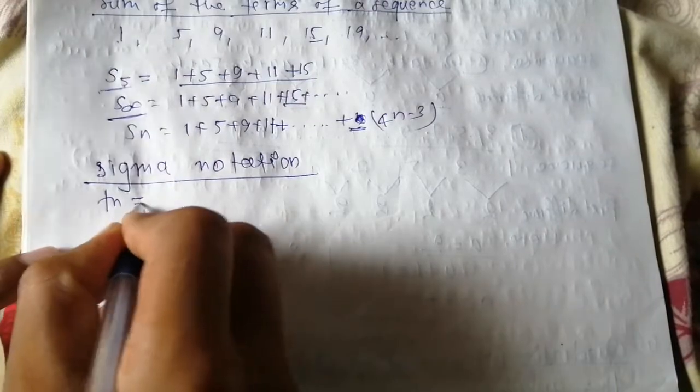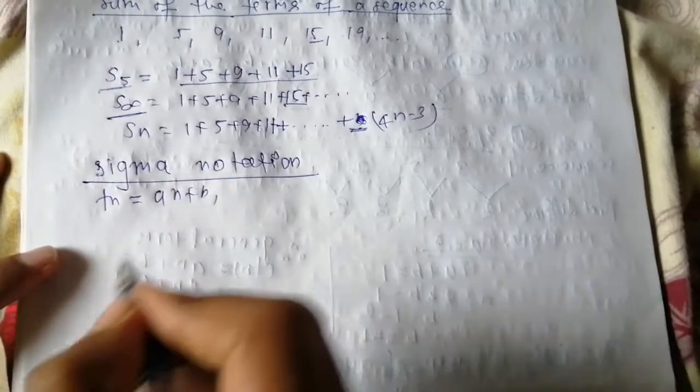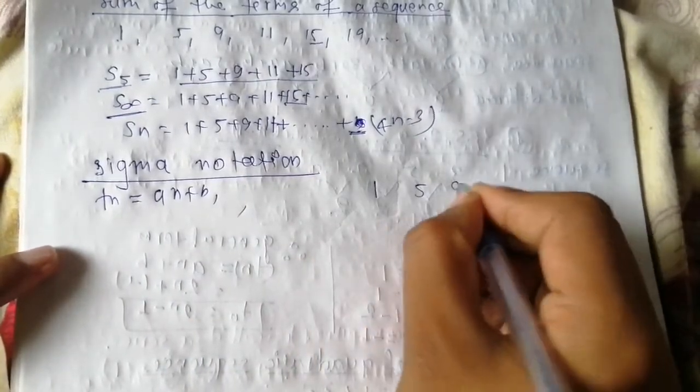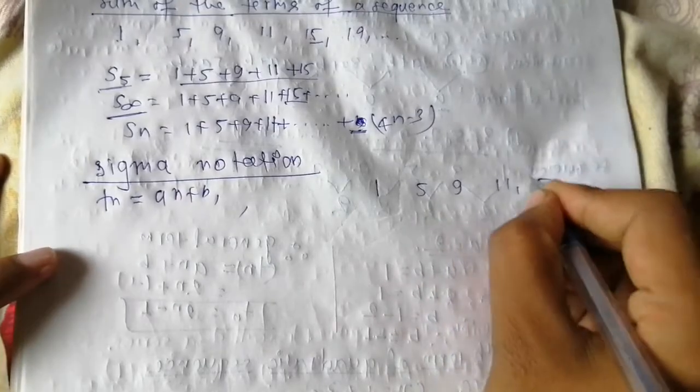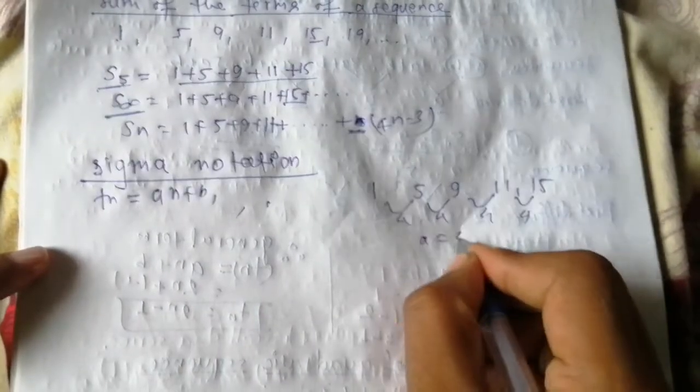If the general term is tn is equal to an plus b, what will be the common difference for this sequence 1, 5, 9, 13, 17? That is 4, 4, 4 and 4. So a is equal to 4.